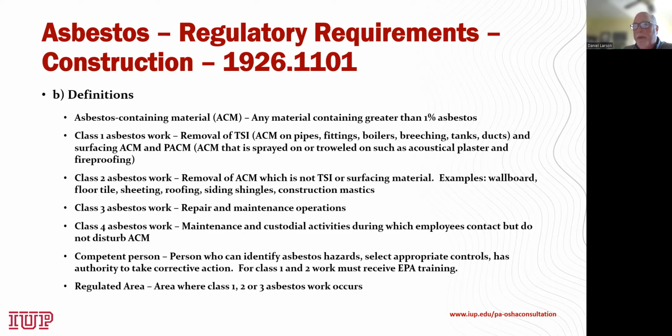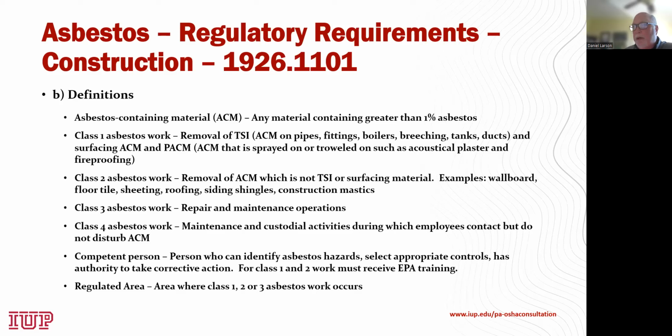If you're doing work with any of these types of materials, this is considered class 1 asbestos work, which is considered the most hazardous. Class 2 asbestos work is removal of ACM which is not TSI or surfacing material. And this includes things like wallboards, floor tile, sheeting, roofing, shingles, and construction mastics. Class 3 work for asbestos is repair and maintenance operations.